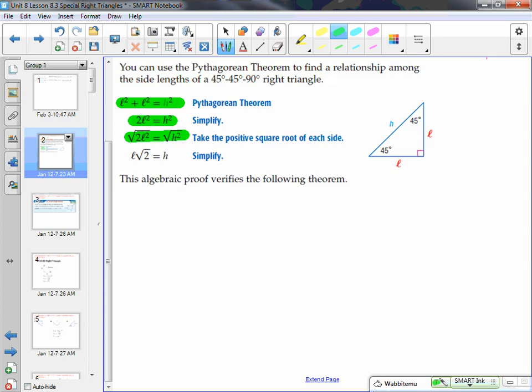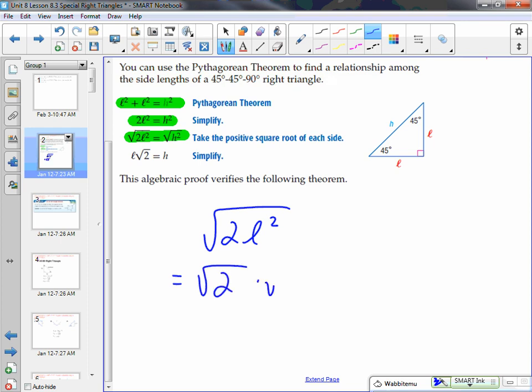Something you're not as familiar with now as you will be later: when we take the square root of 2L squared, square roots work this way. I can think of that as the square root of 2 times the square root of L squared. We know what the square root of L squared is. The square root and the exponent of 2 are inverse operations. They undo each other.